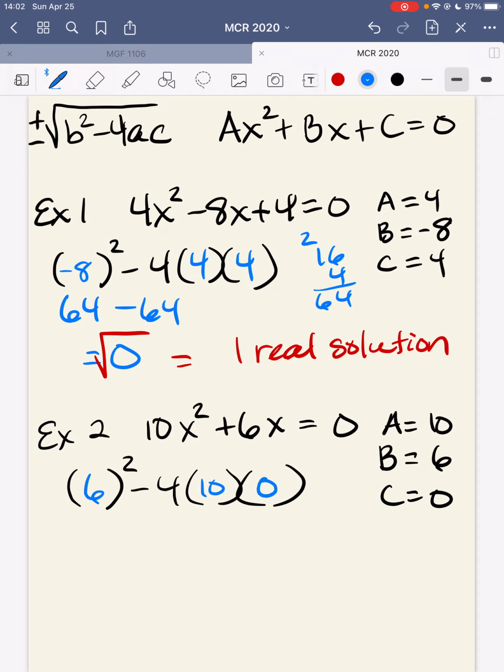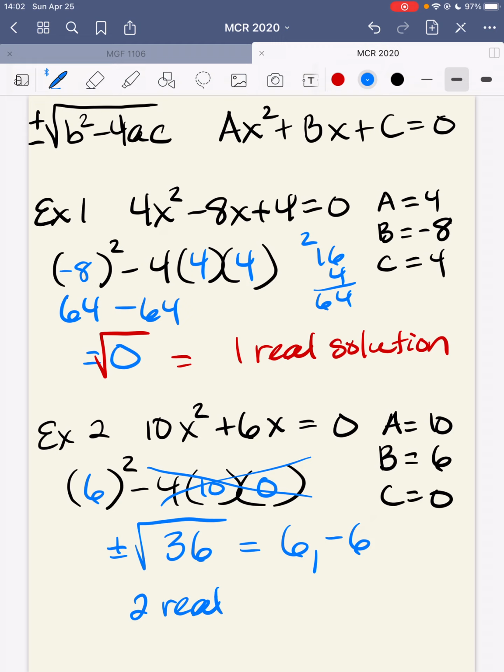C is 0. That means this whole piece goes to 0, which means I have 36. And the square root of 36 is 6, and negative 6, because remember it's a plus or minus.